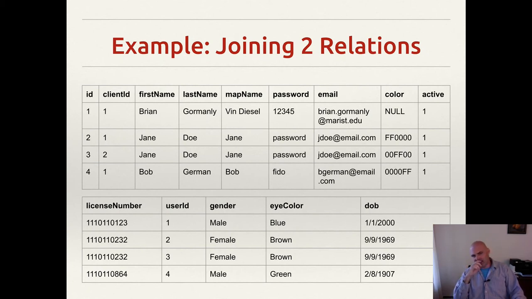So if I'm on the map, they'll see Vin Diesel walking around, which is pretty cool. And if Jane's on the map, it'll just say Jane, and Bob will be Bob. So map name is not the name of your home map or something like that. It's the name of what you appear to be on the map.